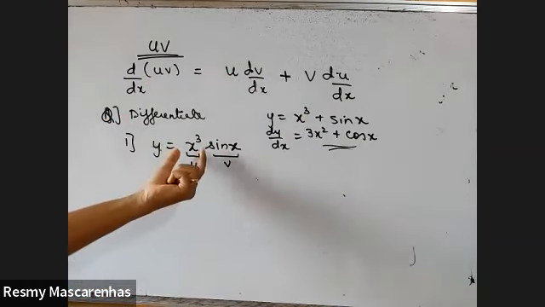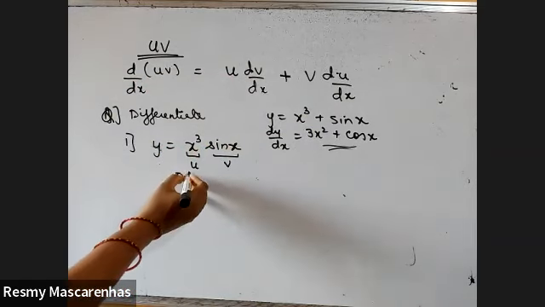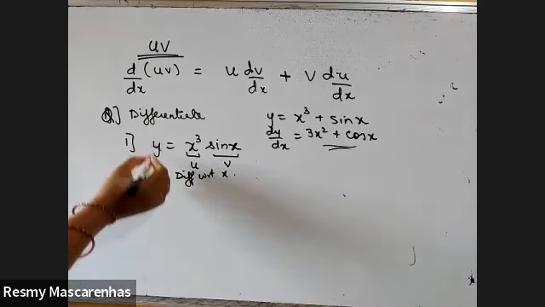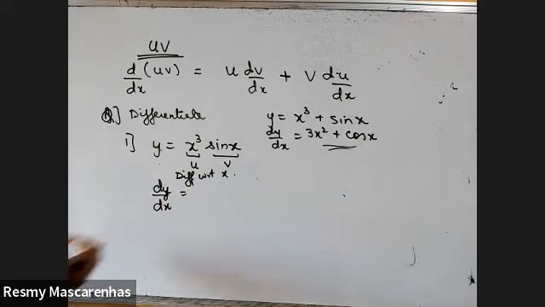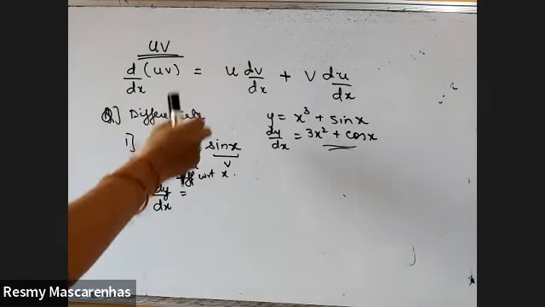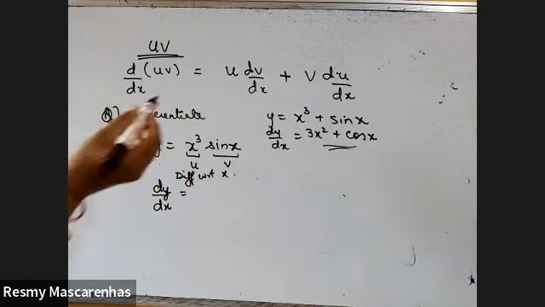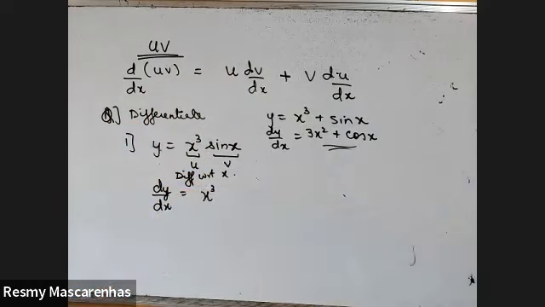The first term is u, the other one is v. Now differentiate. The derivative of y is dy by dx. Now, as per this, you copy paste u as it is. Don't find its derivative. You just copy paste as it is.